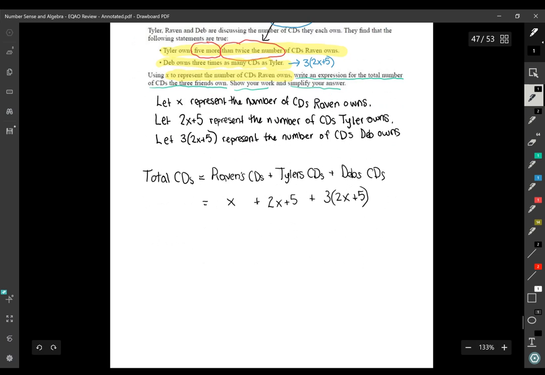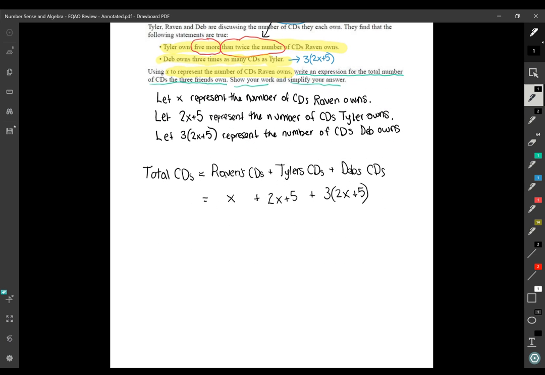Okay, and then the question says it wants me to simplify. Okay, so this means, right, simplifying means getting rid of the brackets. It means collecting like terms. Okay, so I'm just going to leave this as it is. So X plus 2X plus 5. I'm going to distribute this. So I'm going to distribute the 3 to both terms inside the bracket.